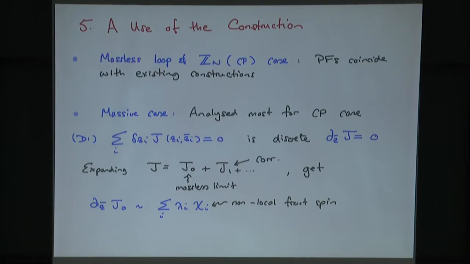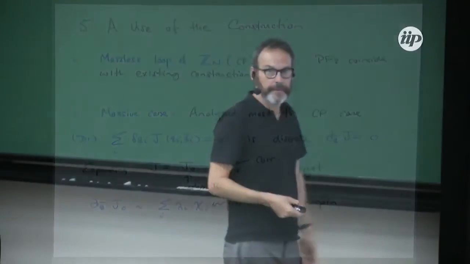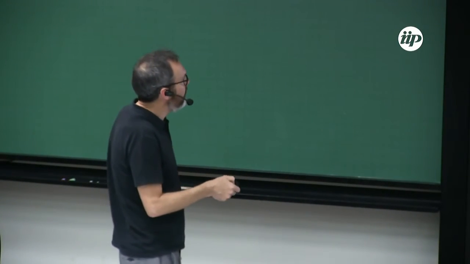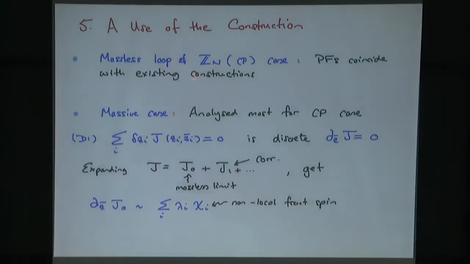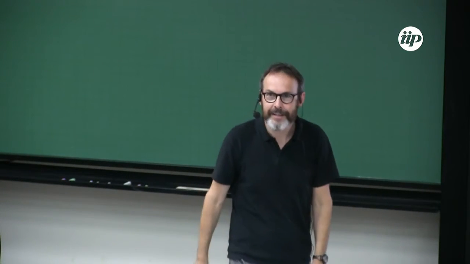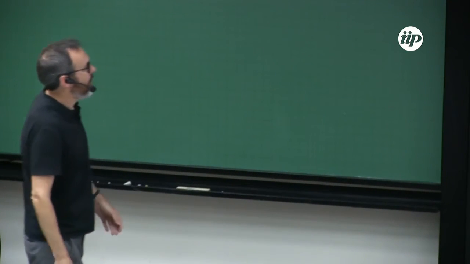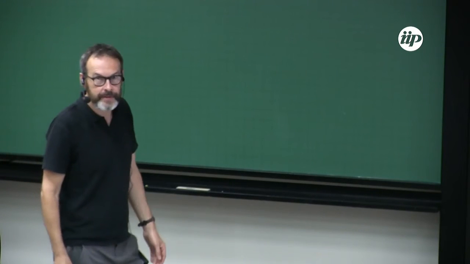Okay, so before I go into the details of this, let me just tell you about a use of this, because this looks all a bit formal at the moment. Well, I've mentioned that we can look at loop models and Z_n chiral Potts models. So if we look at the massless loop models and the Zamolodchikov-Fateev point of the chiral Potts, which is the Z_n model, then we get parafermions out, and these coincide with existing constructions of parafermions in these models.